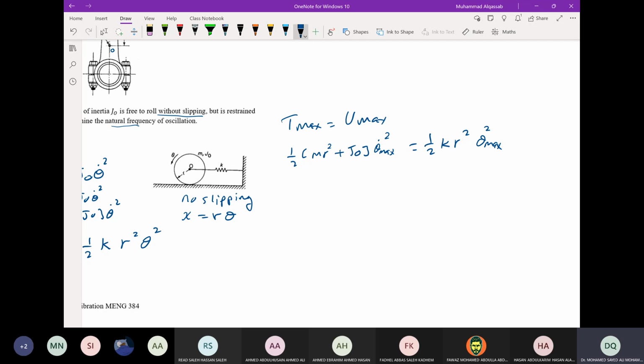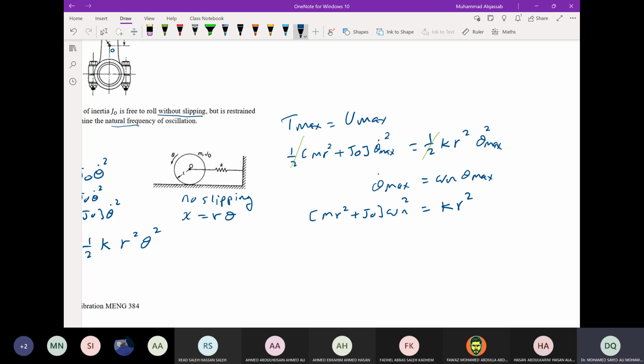And for harmonic motion, we know the relationship between theta dot maximum and theta maximum. This is omega n theta maximum. So you can cancel 1 over 2, 1 over 2, and then this will be m r squared plus Jo times omega n squared equal to k r squared.